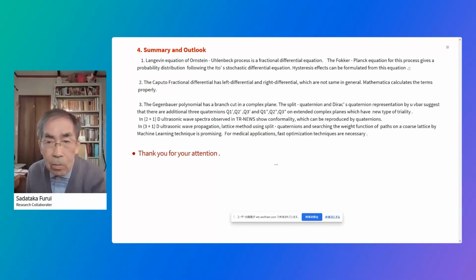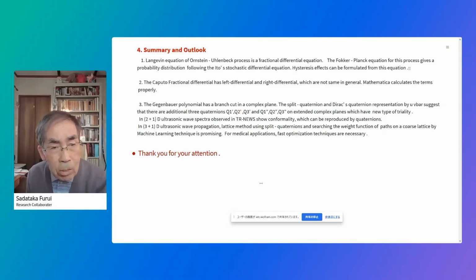Mathematica calculates the two properly. The Gegenbauer polynomials have a branch cut in a complex plane. The split quaternions and Dirac quaternions representation by U and V bar suggest that there are additional 3 quaternions, Q1 prime, Q2 prime, Q3 prime, and Q1 double prime, Q2 double prime, Q3 double prime on extended complex planes, which have the new type of triviality.